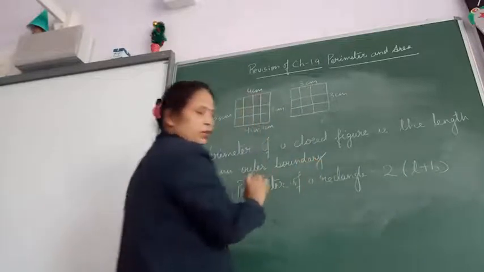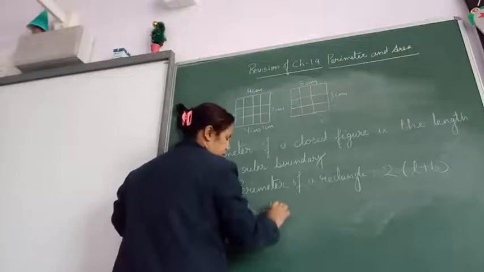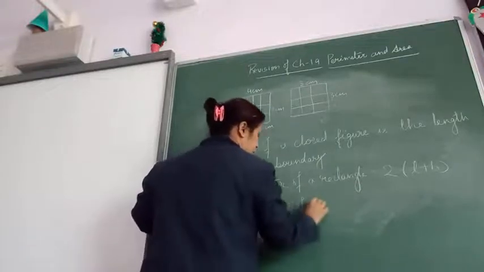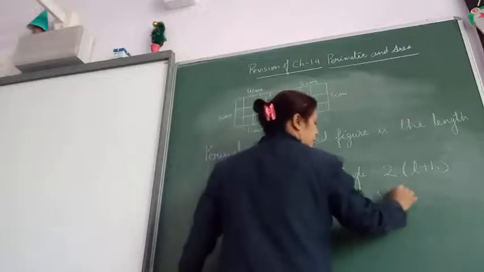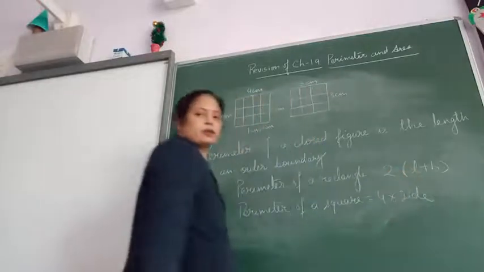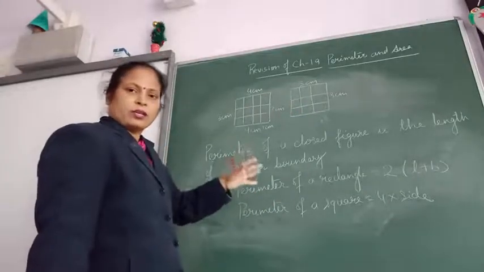This is the perimeter of a rectangle. And the perimeter of a square is equal to 4 into side. That means you have to multiply the side with 4 because the square has all sides equal.